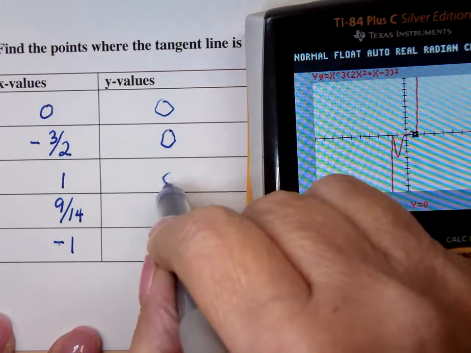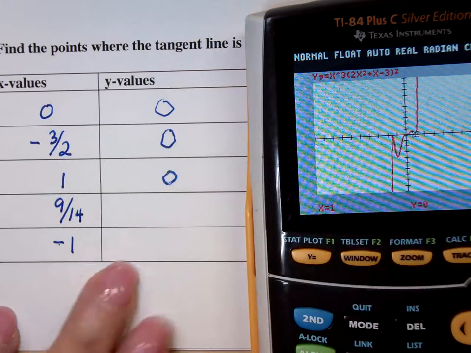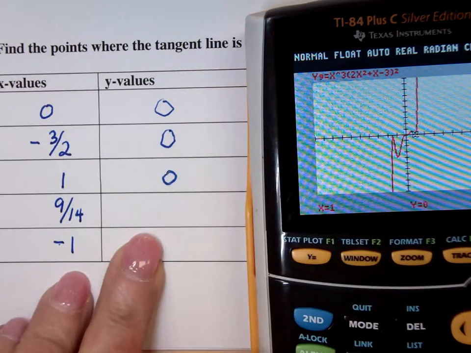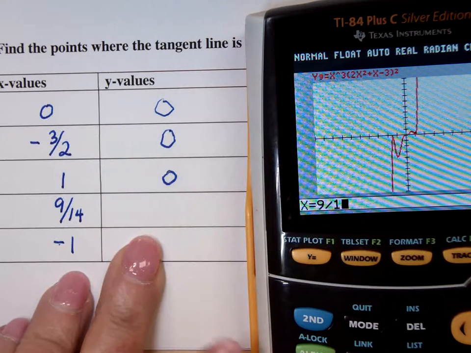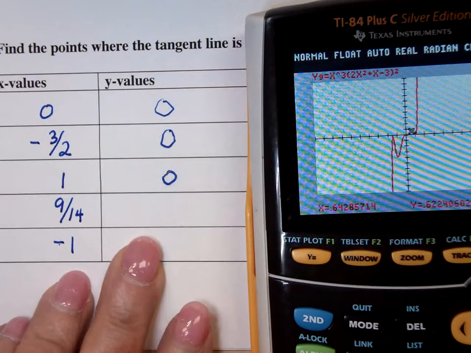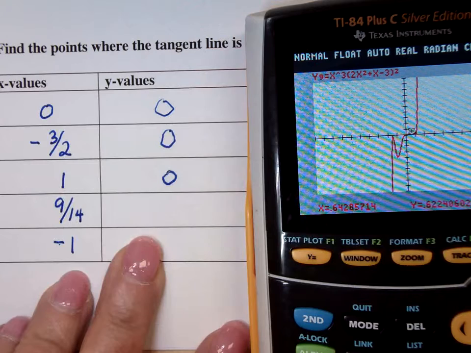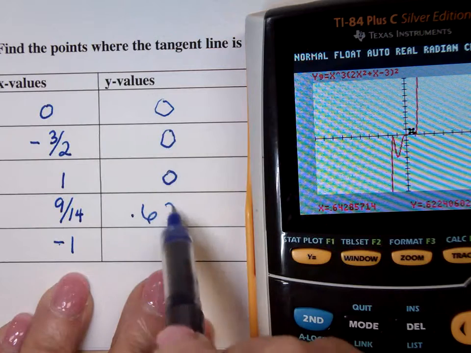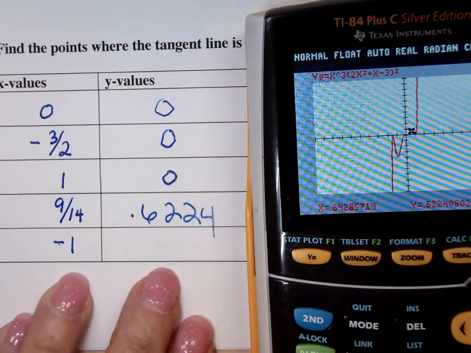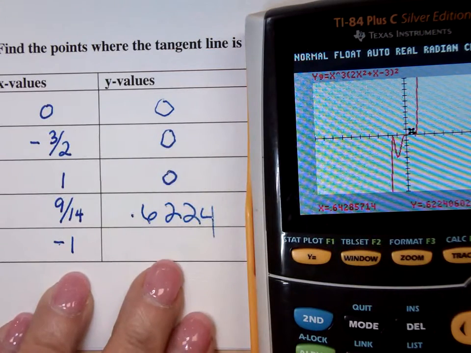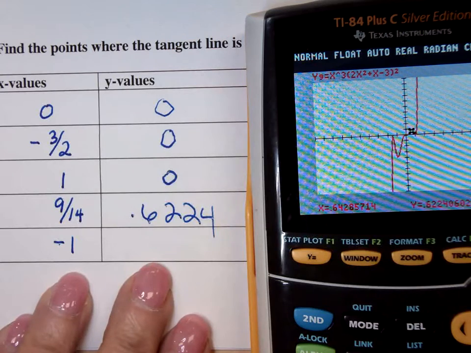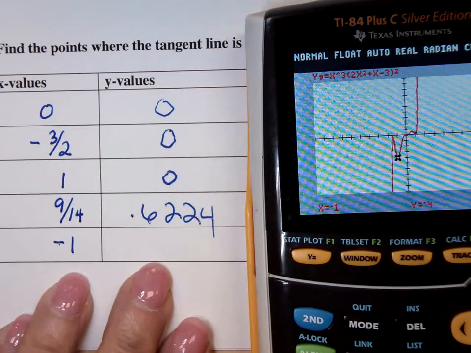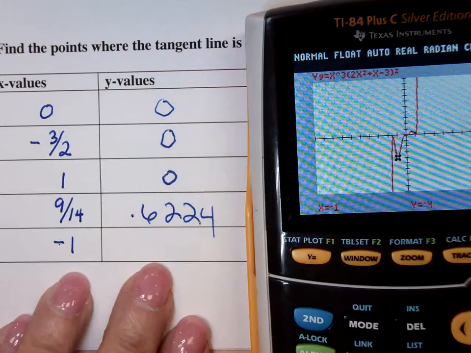These guys happen to be x-intercepts. Then 9/14, so 9 divided by 14 gives me 0.6224. We'll go ahead and just leave it that way. And -1 gives me -4.